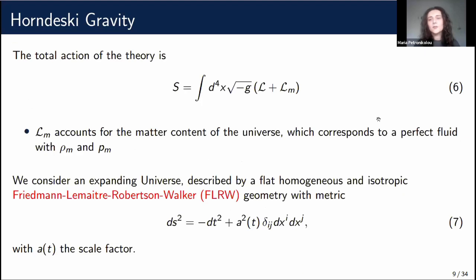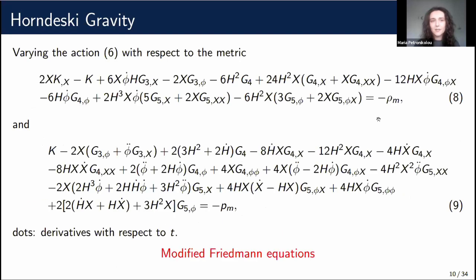The total action of the theory is given by equation 6, where the term L_m accounts for the matter content of the universe, which corresponds to a perfect fluid. Now we are going to consider an expanding universe, which is described by a flat, homogeneous and isotropic geometry, FLRW. So we use the metric given by equation 7.